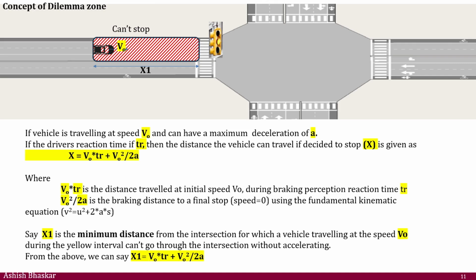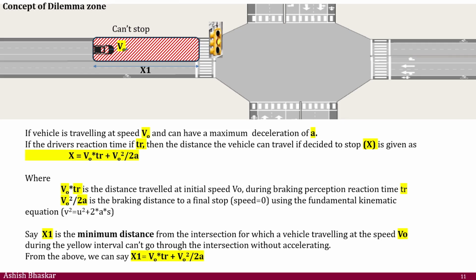With that speed, if the driver decides to stop, let's say the reaction time is TR, the driver is going to react after a certain time interval, maybe 1 second, 2 seconds, for instance. Yellow happens, and within that 1 second, the driver has already moved by that much distance.